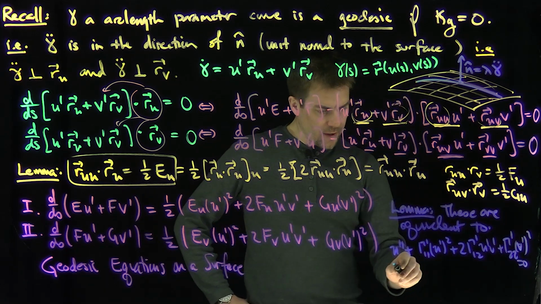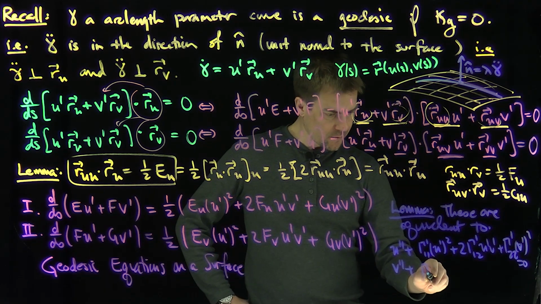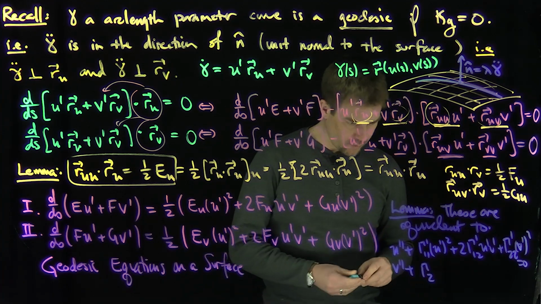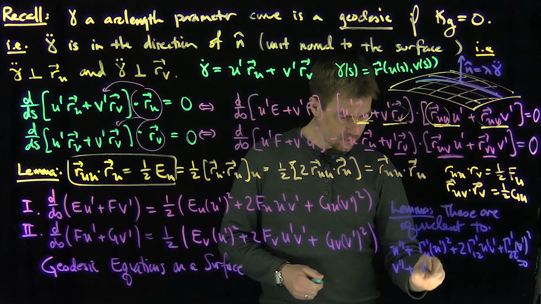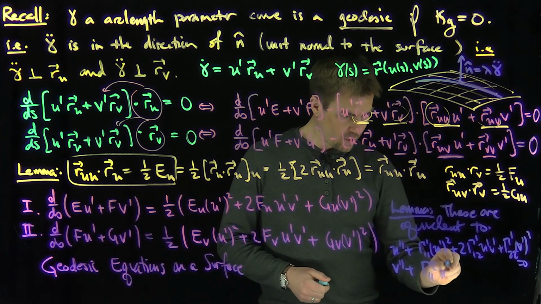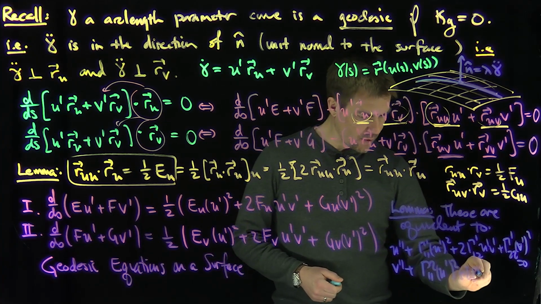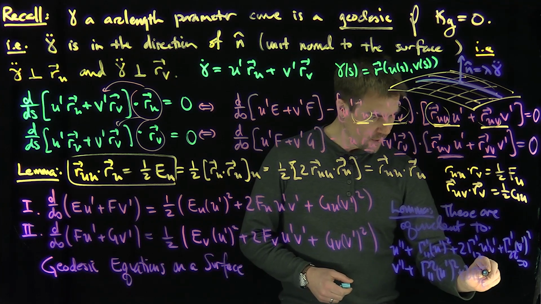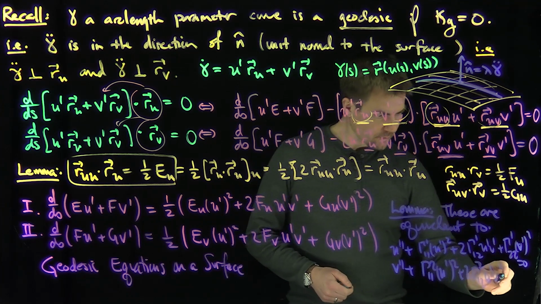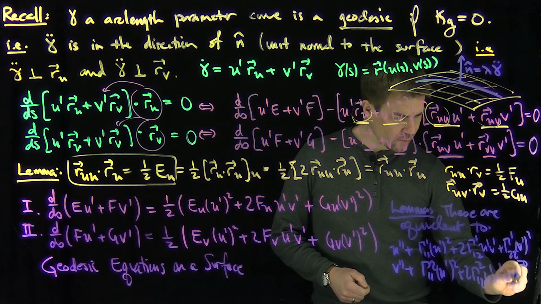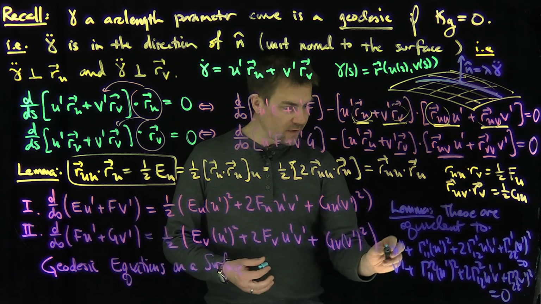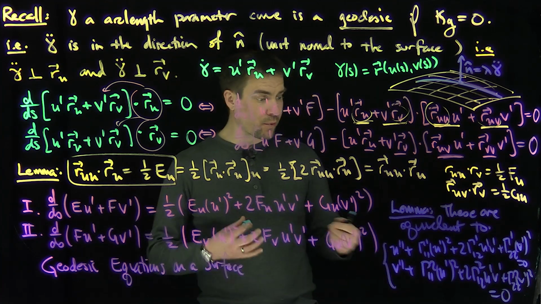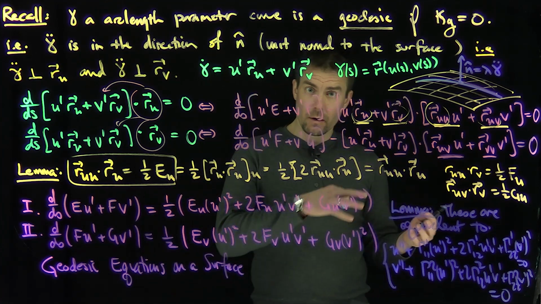And then finally over here, that is v double prime plus gamma 1,1,2 u prime squared plus 2 gamma 1,2,2 u prime v prime plus gamma 2,2,2 v prime squared, equal to 0.